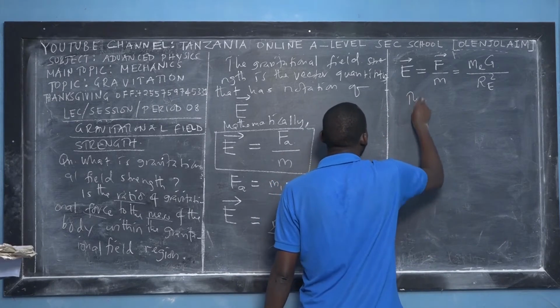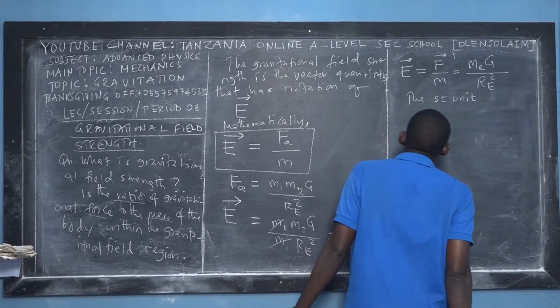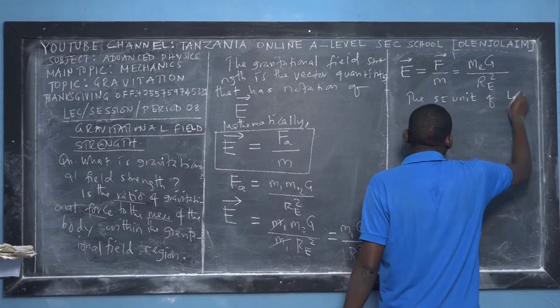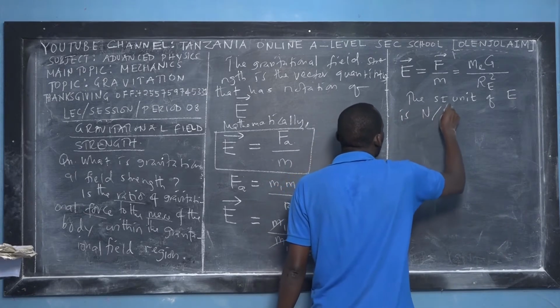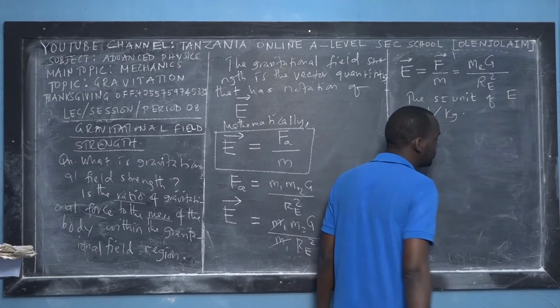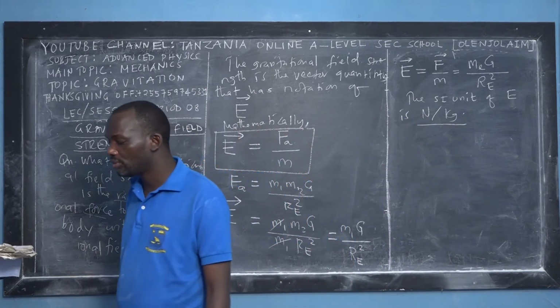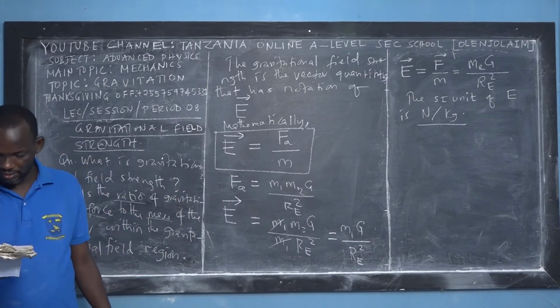Again, the SI unit can be asked, or to find the dimensions of gravitational field strength, but it's very simple because you have the formula. The SI unit of gravitational field strength is Newton per kilogram, because Newton is the unit for force and kilogram is the unit for mass.